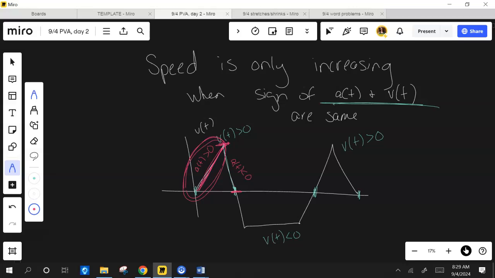Acceleration is negative, but velocity is positive, so I'm slowing down. All right, so speed up, slow down. But I'm going to stop right here because here's another interval. Here, acceleration is still negative, but velocity is also negative here. So here, guess what I'm doing? Speeding up again. So even though she's moving backwards, she's moving backwards faster. Are y'all tracking with me?